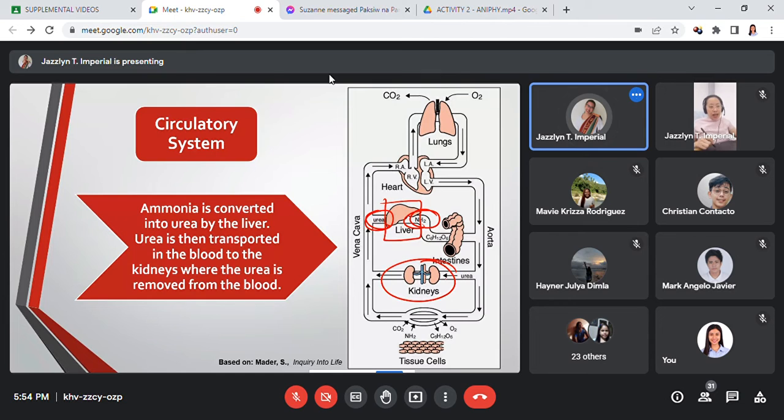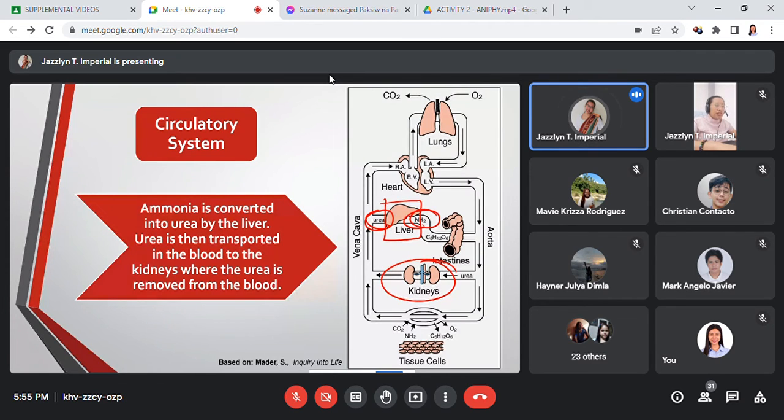So the kidney will filter out this urea and eliminate it into the excretory system via the urethra, and of course the blood that passes through your tissues becomes clean. Remember, class, all the tissues in your body produce the toxic substance ammonia, because all the cells in your body undergo cellular respiration or cellular metabolism.